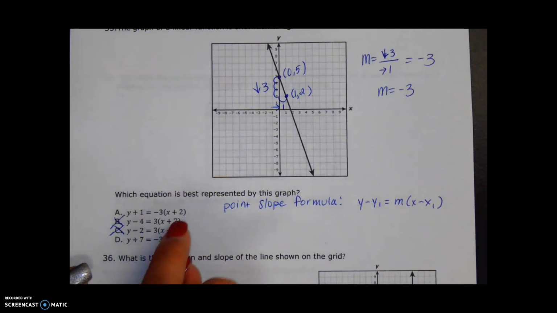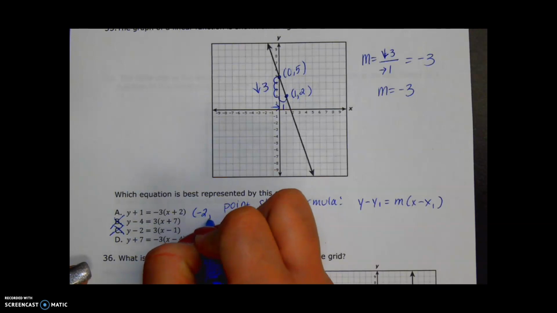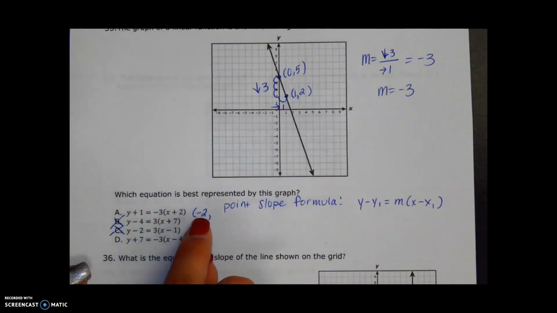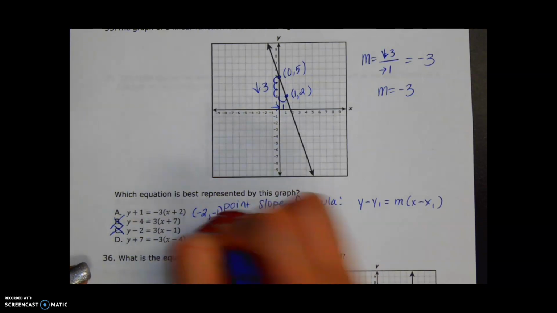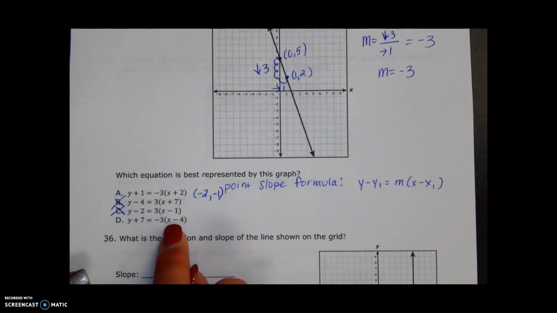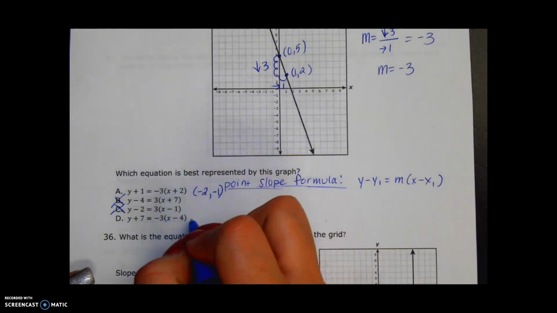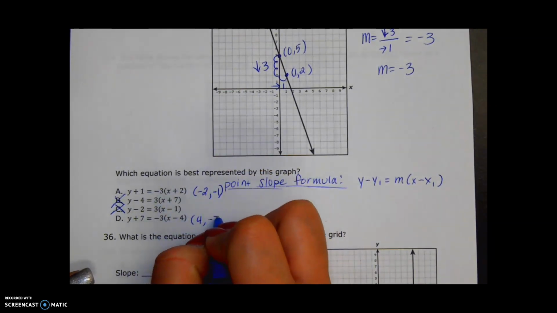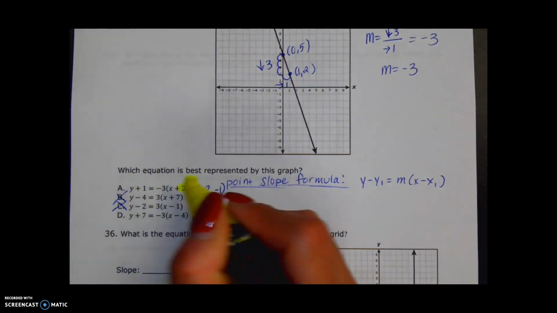So if I have x1, that's going to be negative 2, because remember it's minus negative 2, change this to a plus. Same over here, my y1 is going to be negative 1. It's just like you change the sign whenever you're dealing with point slope. All right, so my x would be 4, my y would be negative 7, and I'm getting that from these numbers right here.